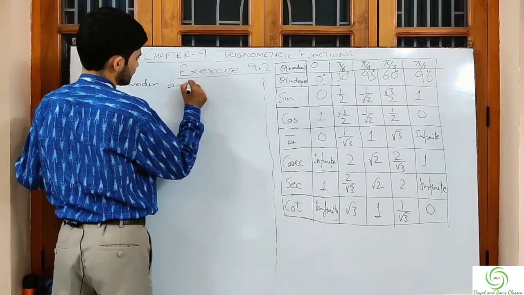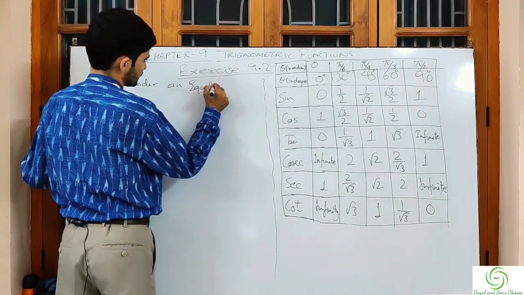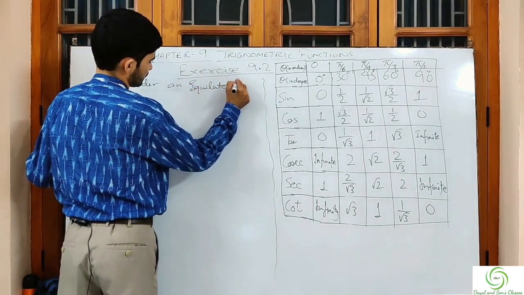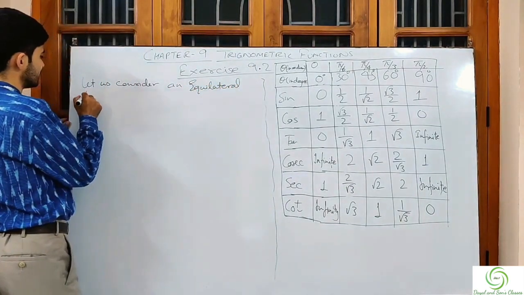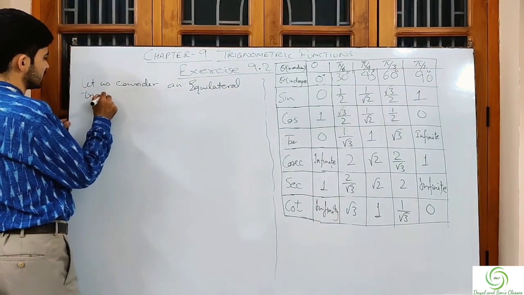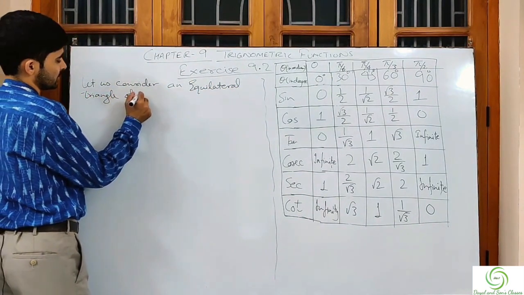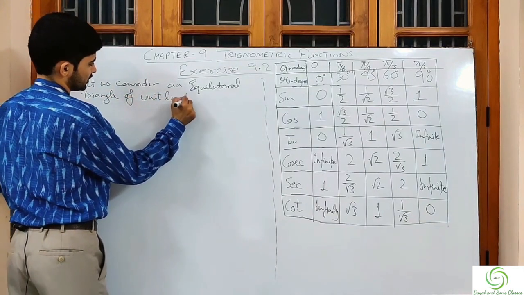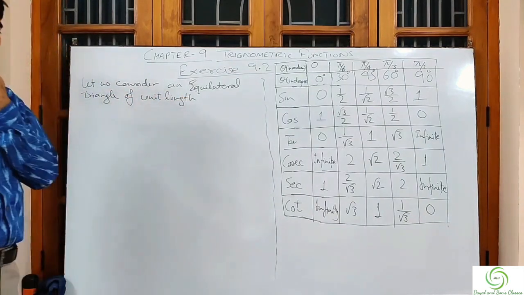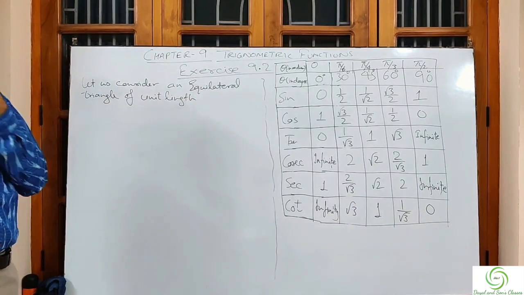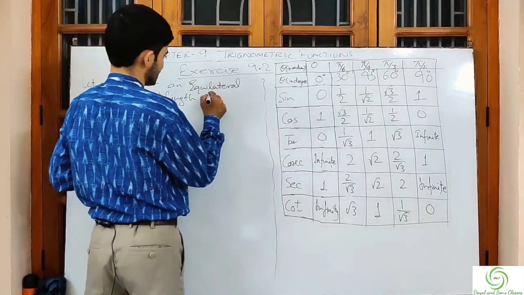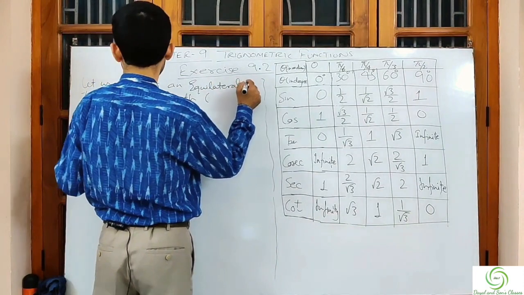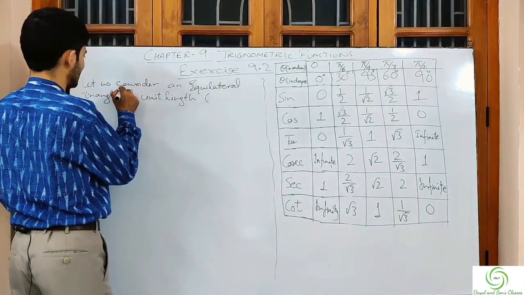an equilateral triangle of unit length. By unit length I mean, consider equilateral triangle, let's say ABC.